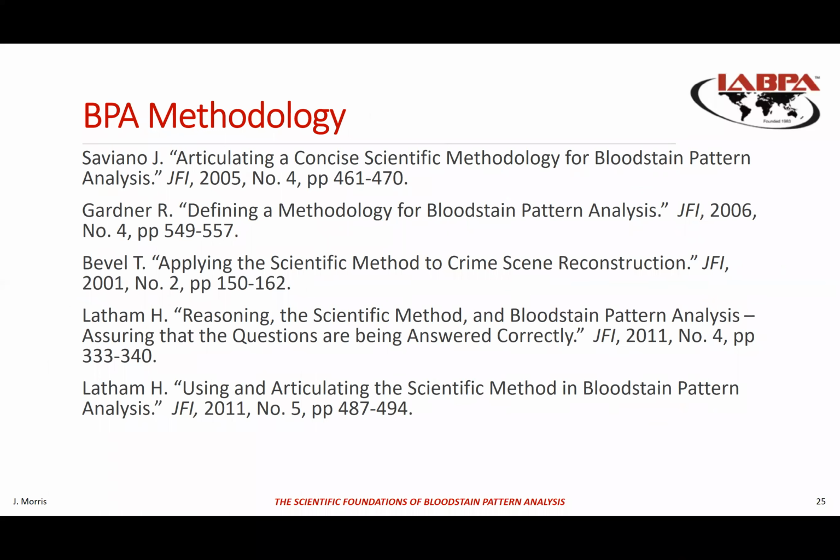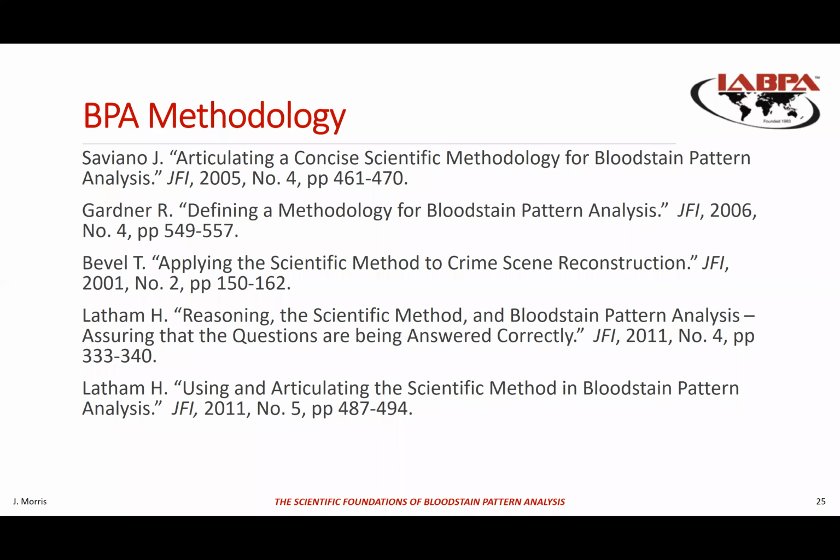There have been at least 5 different papers published regarding the scientific method in bloodstain pattern analysis. Fortunately, all of them have been published in the same journal. So if you go to the Journal of Forensic Identification, you can see those papers. Each author takes a different approach, but all of them are trying to demonstrate that BPA does follow the scientific method.